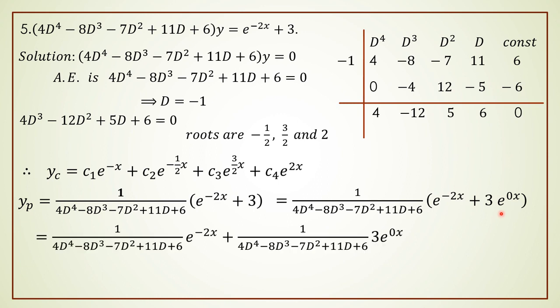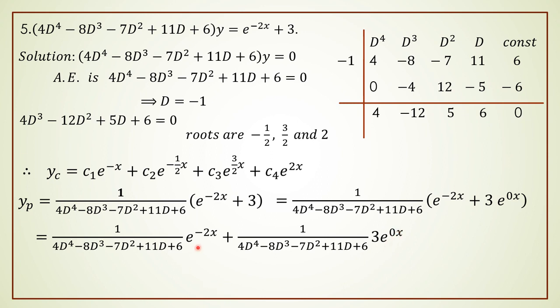Now let me just separate the terms, so that I am going to get yp equal to 1 by 4 D to the power 4 minus 8 D cube minus 7 D square plus 11 D plus 6 acting on e to the power minus 2x, plus 1 by 4 D to the power 4 minus 8 D cube minus 7 D square plus 11 D plus 6 acting on 3 into e to the power 0x.